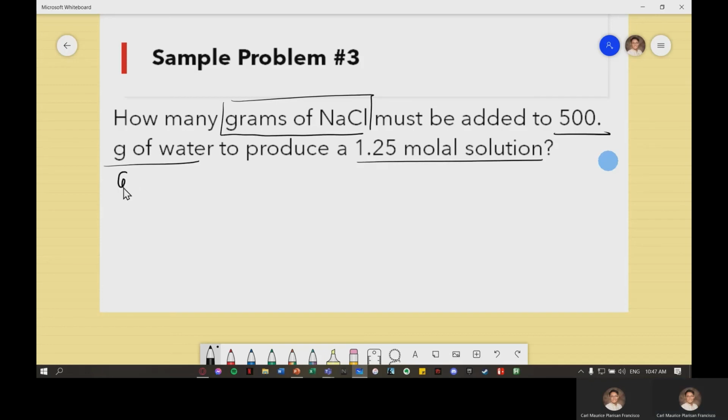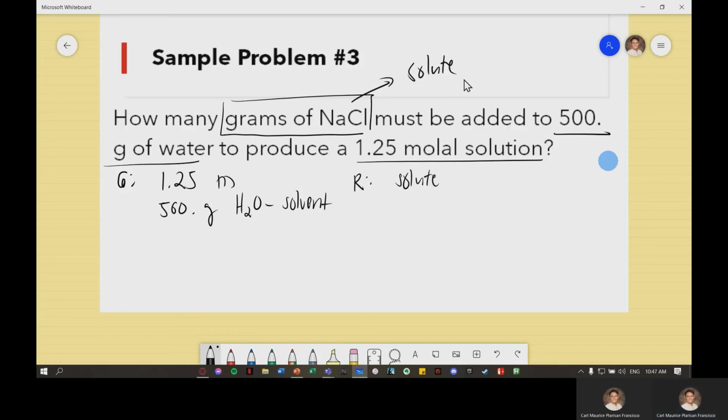Given is 1.25 molal and 500 grams of water, so this will be your solvent. Required is solute, NaCl, and the final answer should be in grams. It's very specific according to the problem.